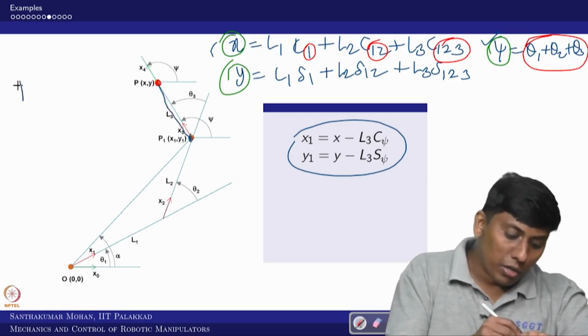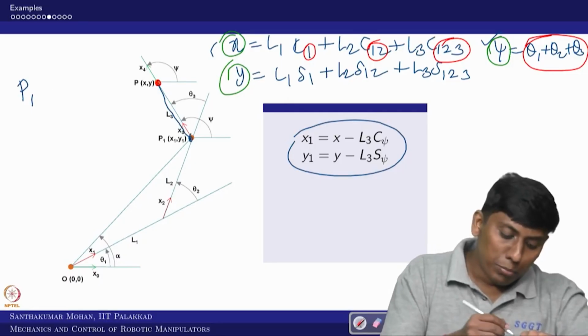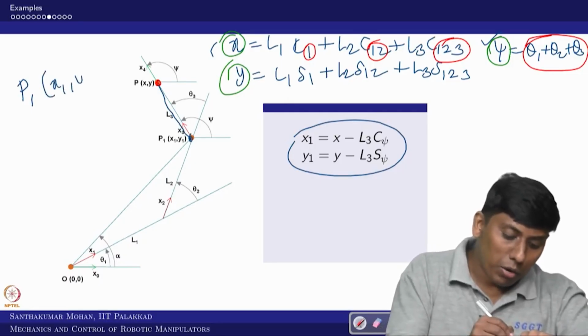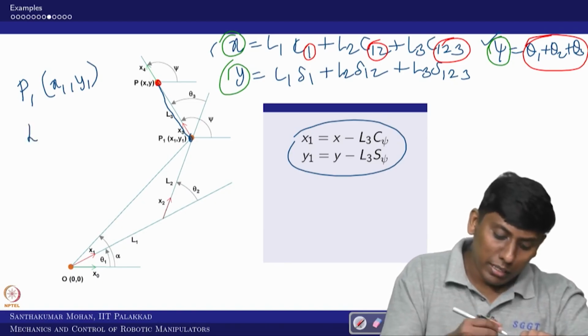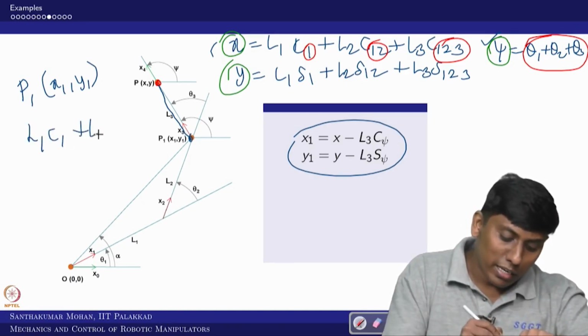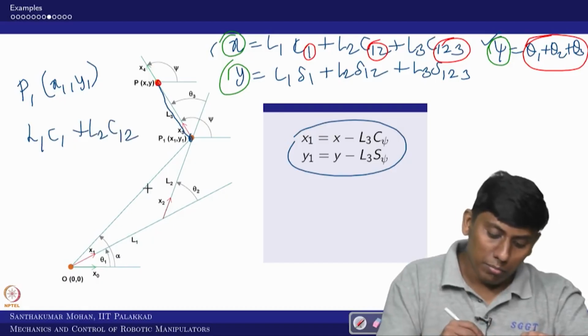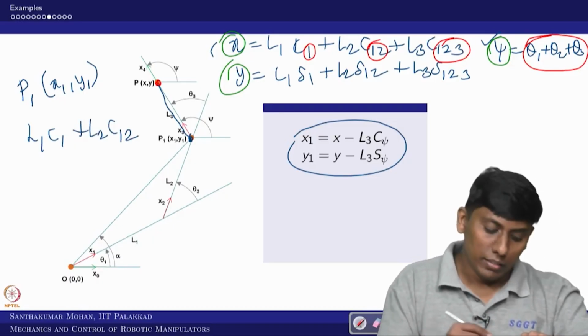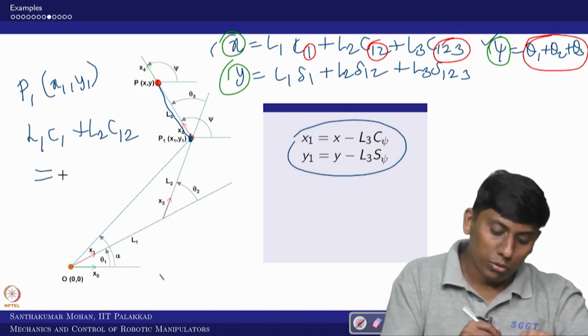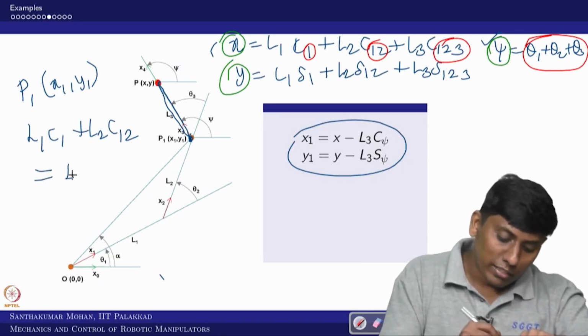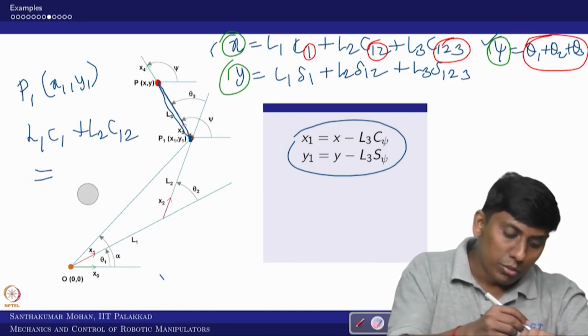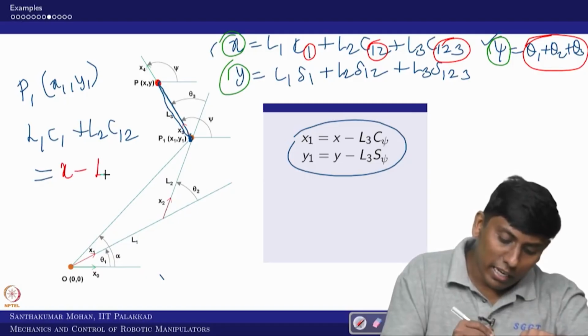What does that mean? If you write P1, it is where you call x1 and y1. That can be written as L1 C1 plus L2 C12, because that is the point. That can be equal to, you have this distance, you subtract this. So you can write Px as x minus L3 cos psi.